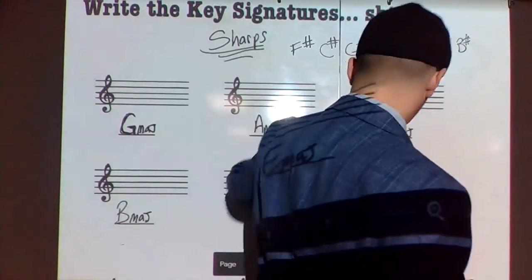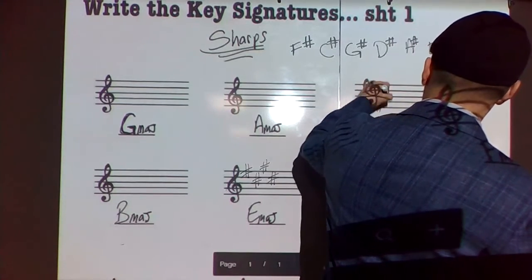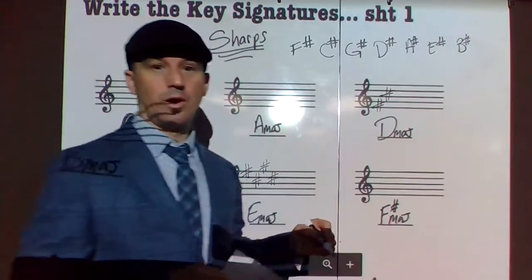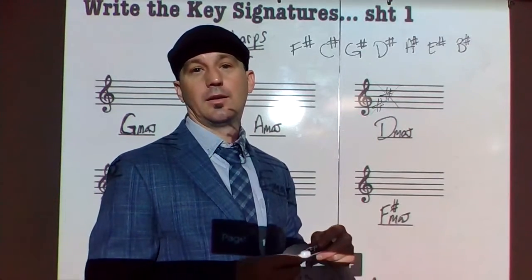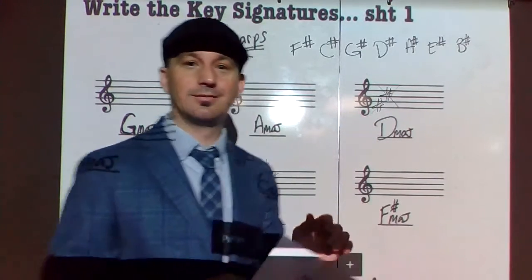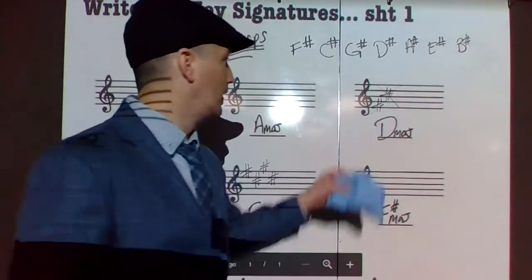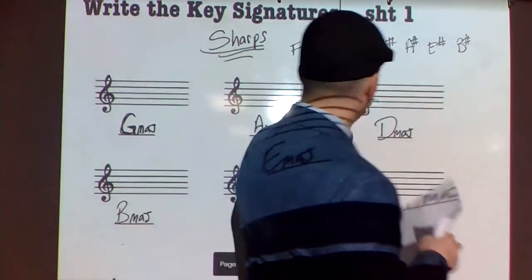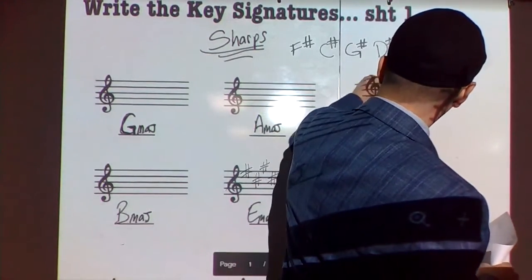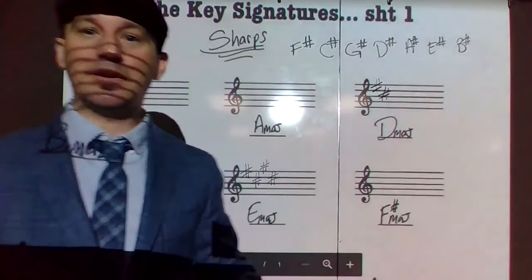This is wrong. That is wrong. Bad, bad. You'll be struck down, and your instrument will be taken from you. Okay? So make sure that you put them in the right spot. Just like that. All right. Happy key signaturing.